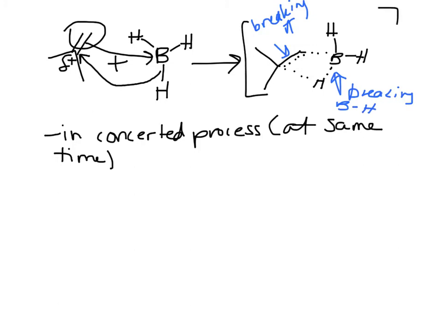So this is our transition state, and then we get the following intermediates.